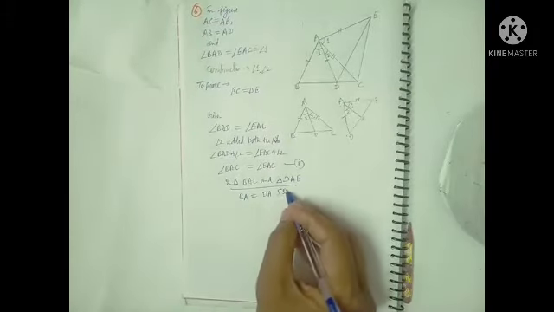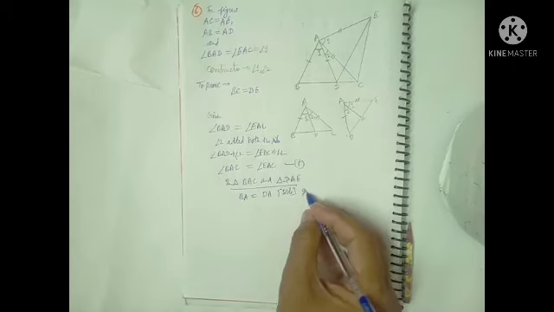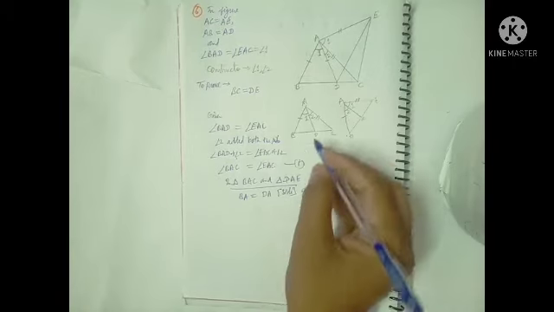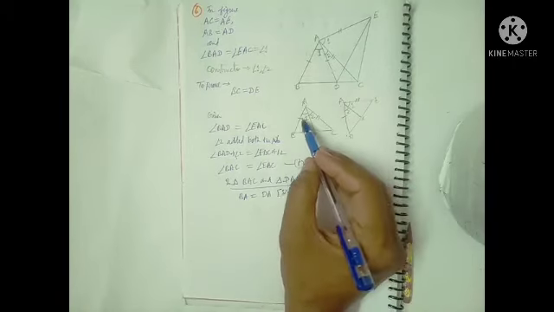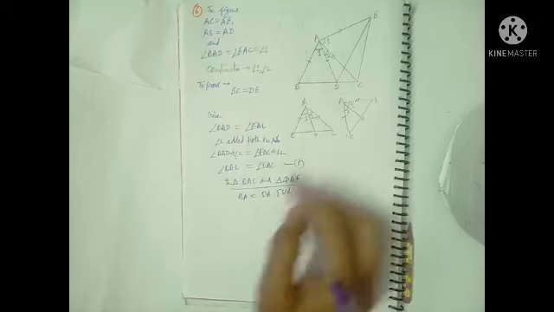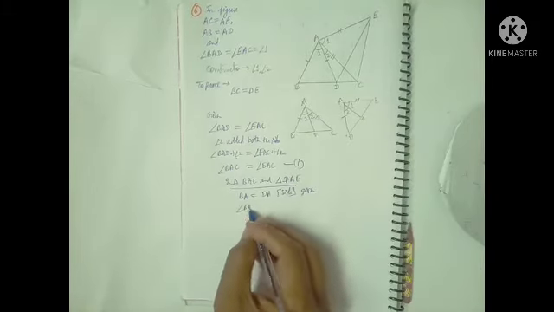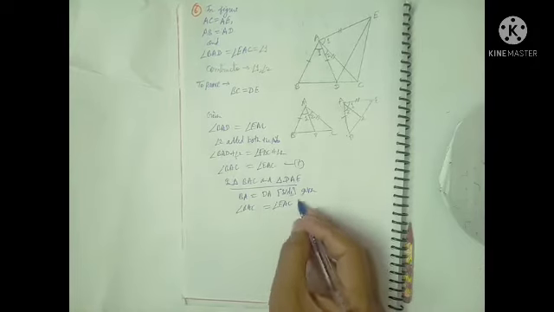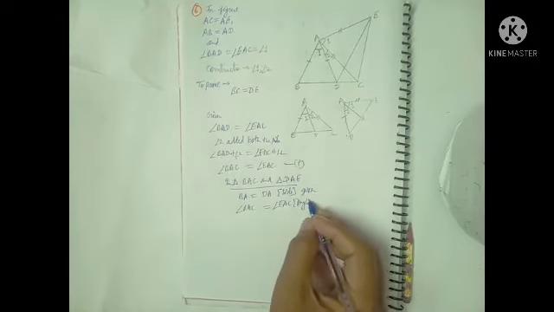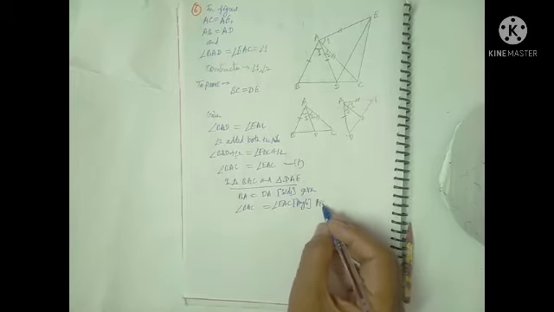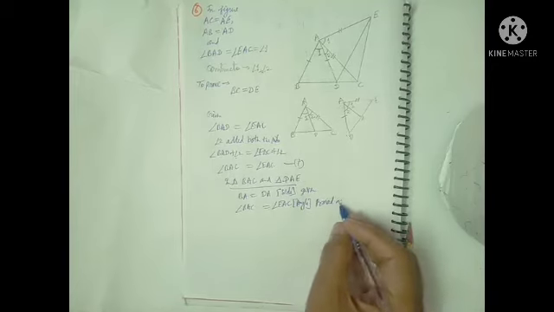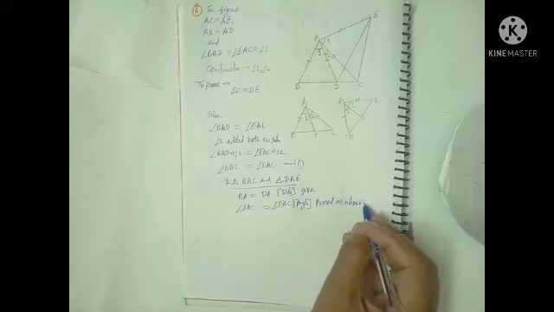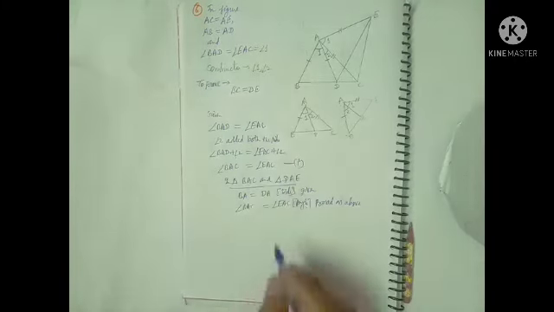This is side, reason: given. Then angle BAC is equal to angle DAE. This is angle, why are they equal? Proved as above, just now we have proved here, equation 1.